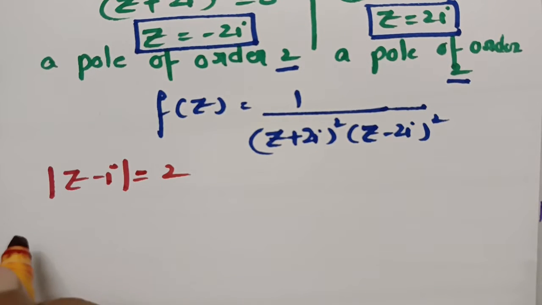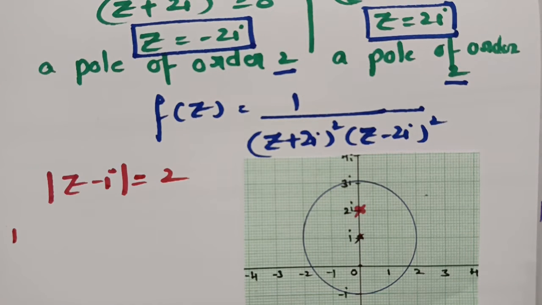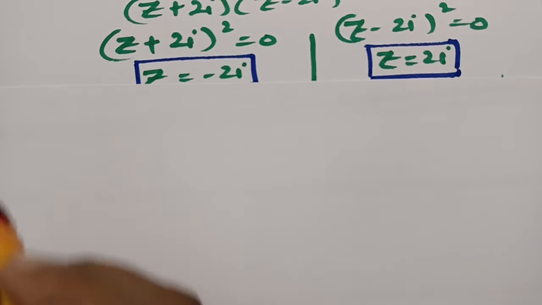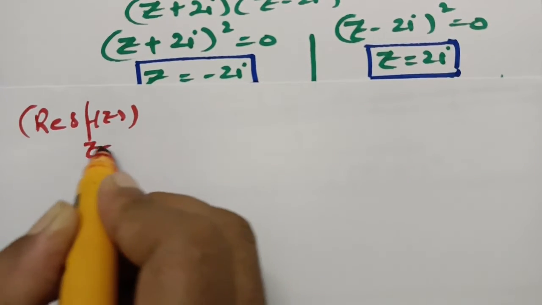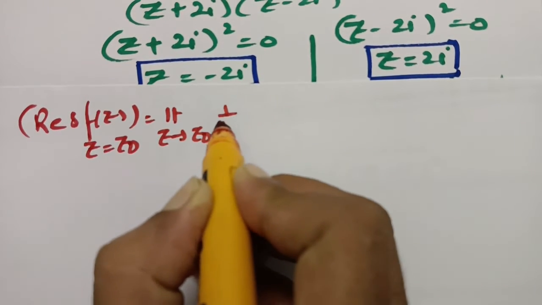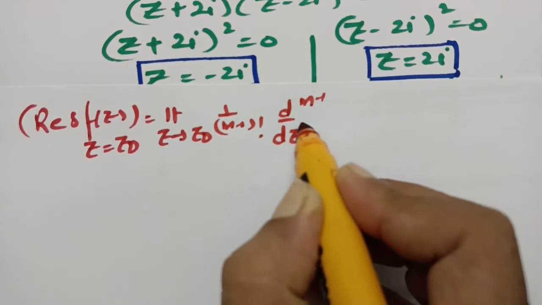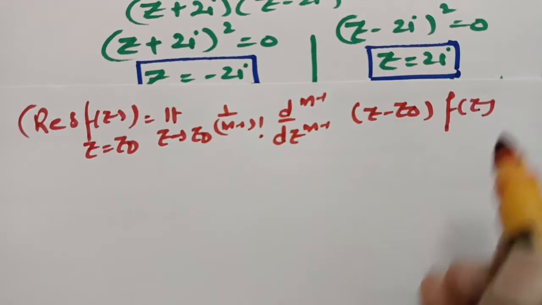So here I am writing the residue of f(z). Now for finding the residue value at z equal to positive 2i, the residue of f(z) at z equal to z naught is the limit as z tends to z naught of 1 by (m minus 1) factorial into d by dz power (m minus 1) of (z minus z naught) to the power m into f(z). Clear?